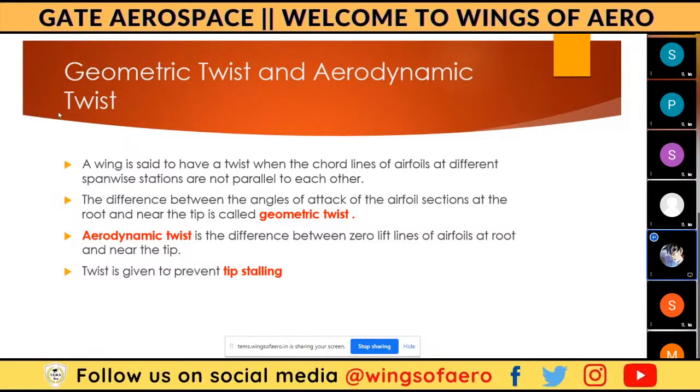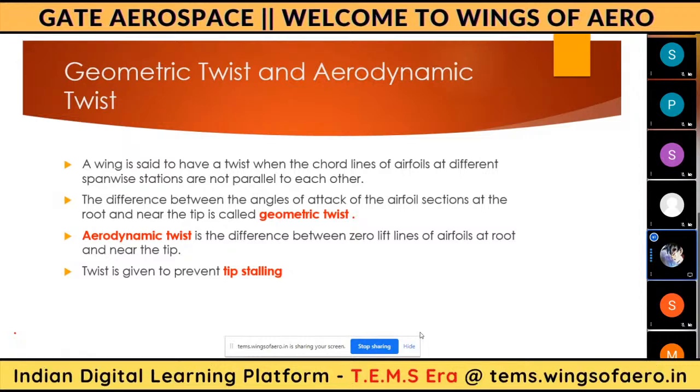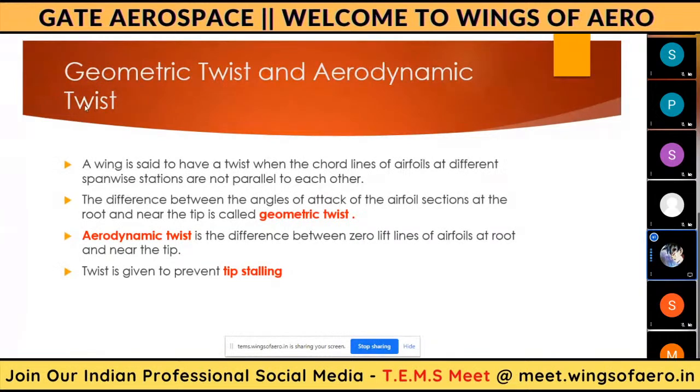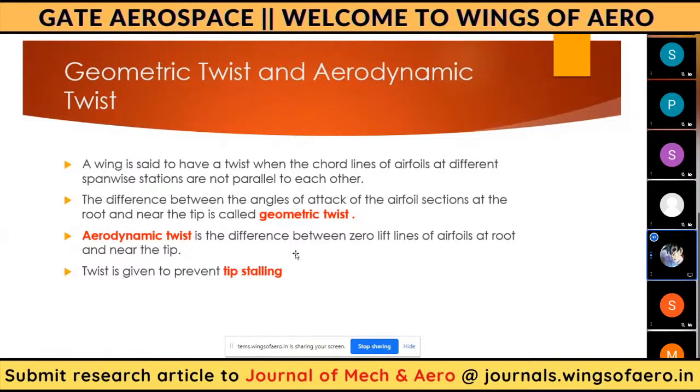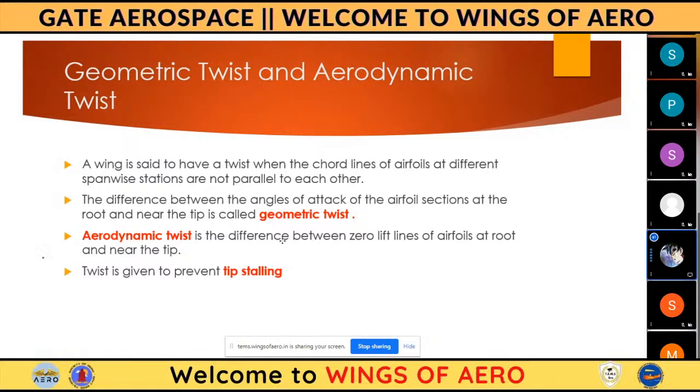So geometric twist means the angles of attack are different at different regions of the aerofoil, that is from the root to tip. The angle of attack at the root is one angle of attack, and it varies with the regions from root to tip. Maybe at the root it is higher and at the tip it is lesser, then it is called geometrical twist.